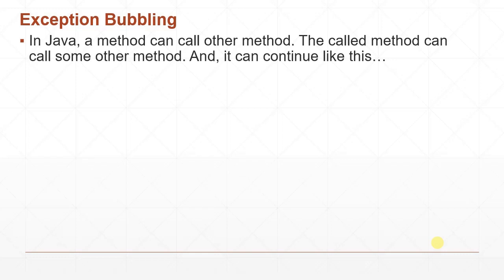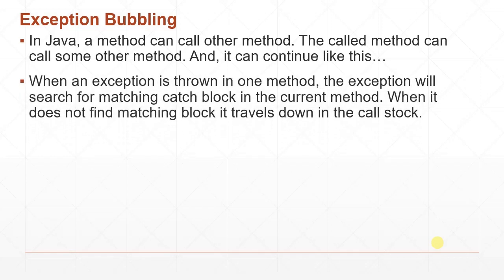Alright, now we will explore the role of exceptions and how they get handled when there are multiple methods in the call stack. When an exception is thrown in one method, it searches for a matching catch block in the current method. If there is a handler in the current method, the exception gets handled there itself.